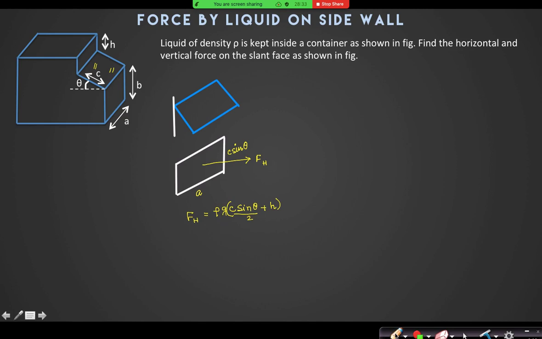Okay, let me write it afresh. It is rho g into H plus C by 2 sin theta. It is the pressure, and the whole is multiplied by the area, which is AC sin theta.